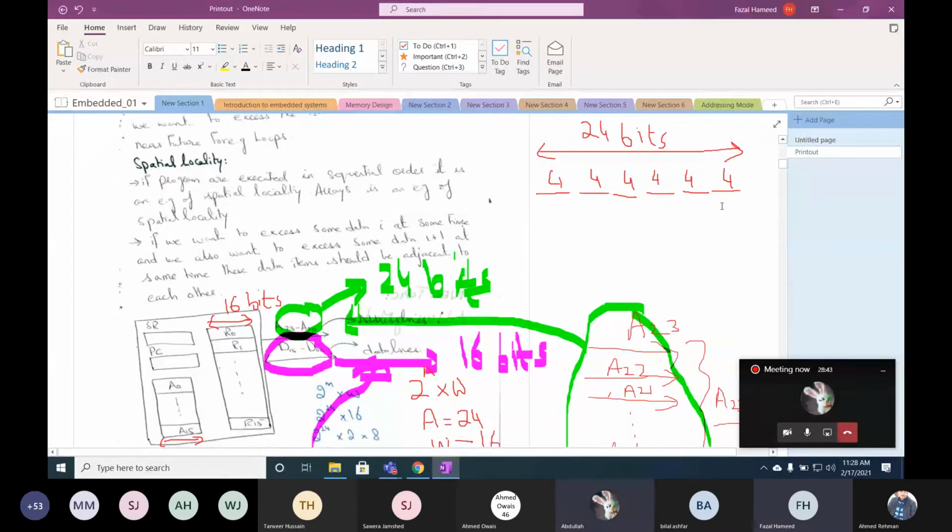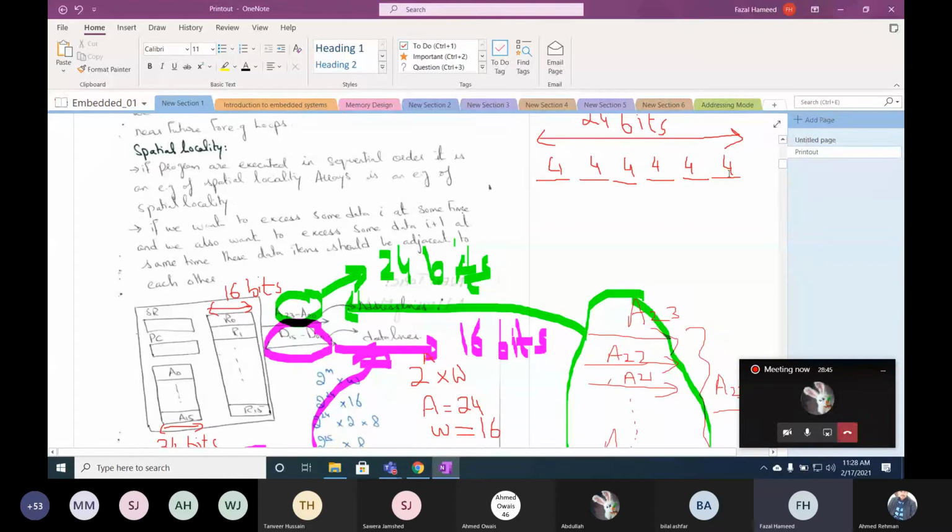So what should be the minimum address? How many digits do we need? 1, 2, 3, 4, 5, 6. So the minimum address is 0x000000, because there are 6 hexadecimal digits.